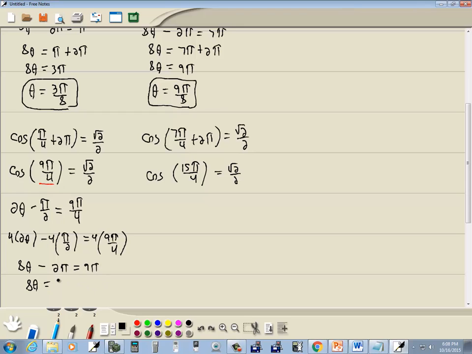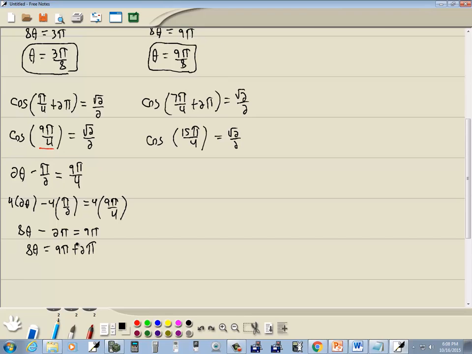Take the negative 2 pi over, so we got 9 pi plus 2 pi. So we got 8 theta is equal to 11 pi. Divide both sides by 8. We got theta is equal to 11 pi over 8. I still haven't gone past 2 pi. Okay, so we're going to do the same thing here.